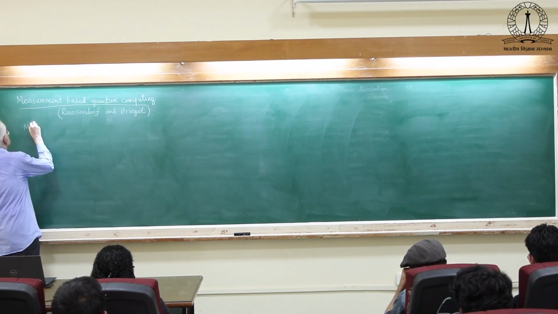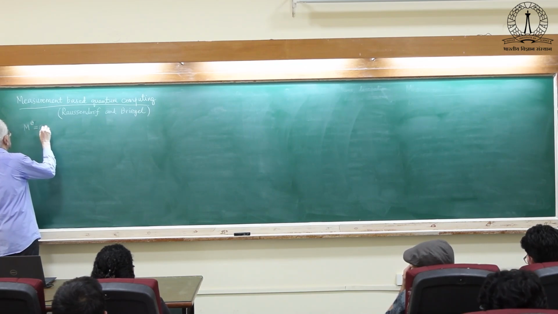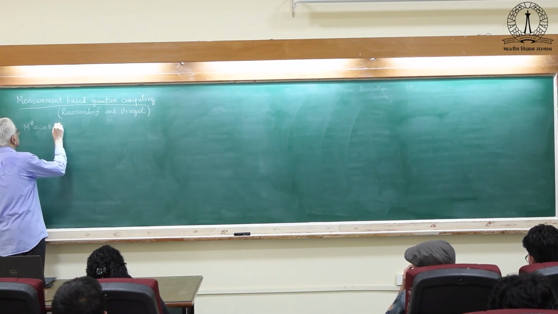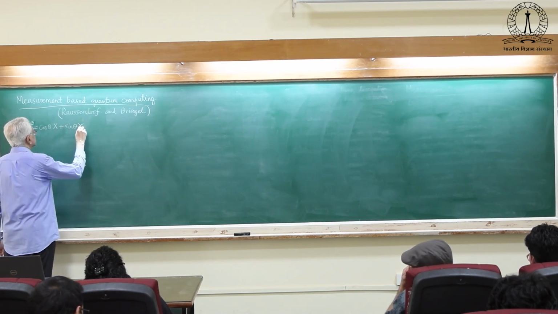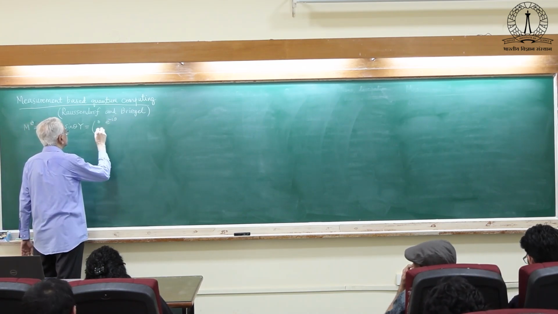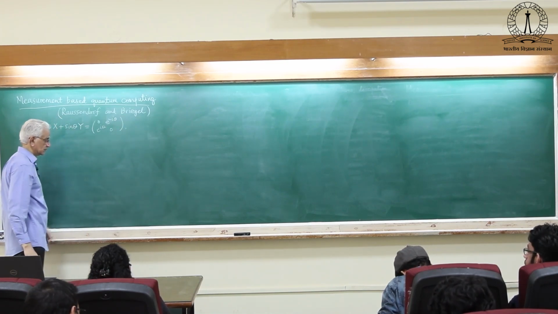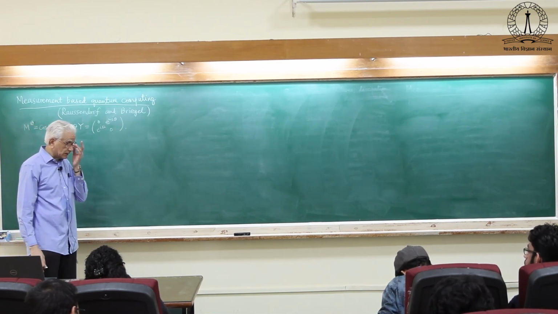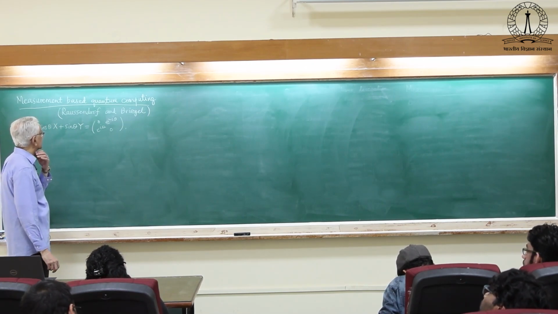So, there was this measurement operator with arbitrary direction in the xy plane, which is a linear combination of Pauli matrices along the equatorial plane of the Bloch sphere.